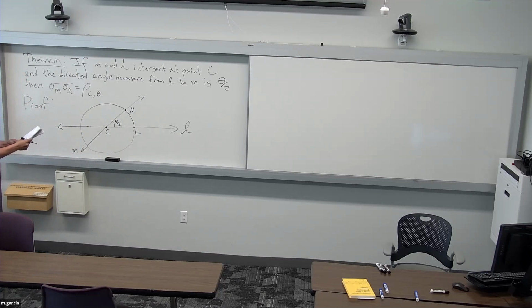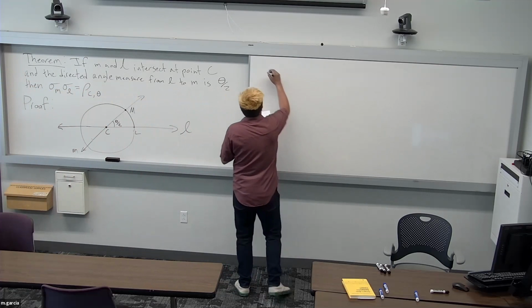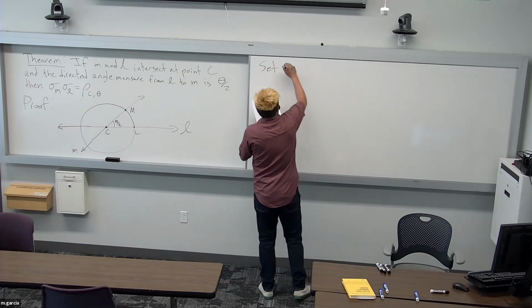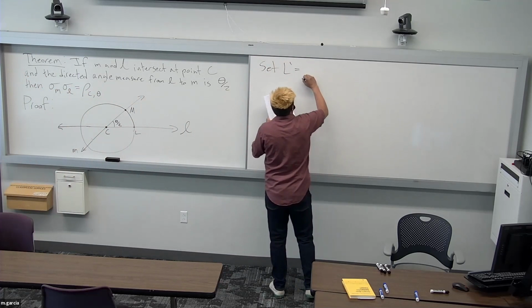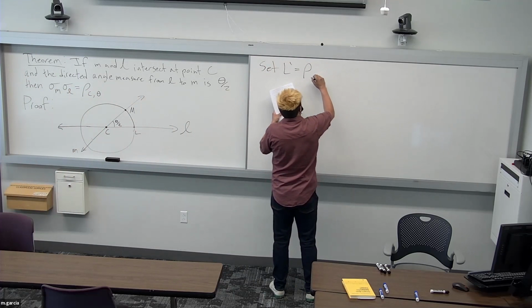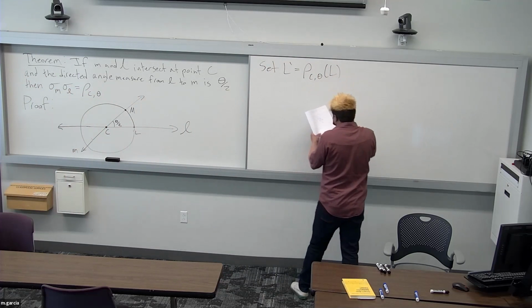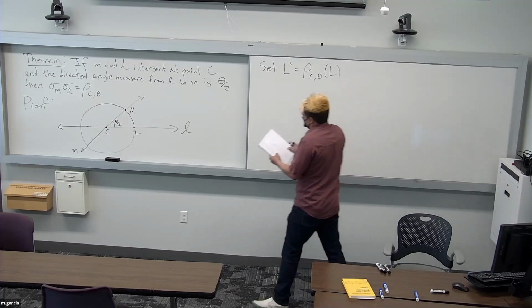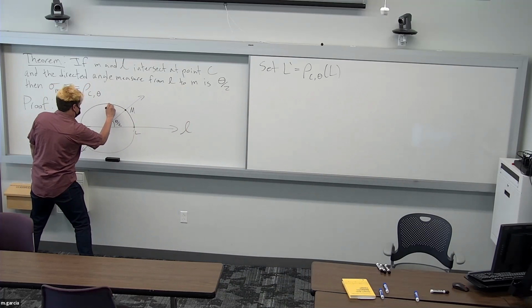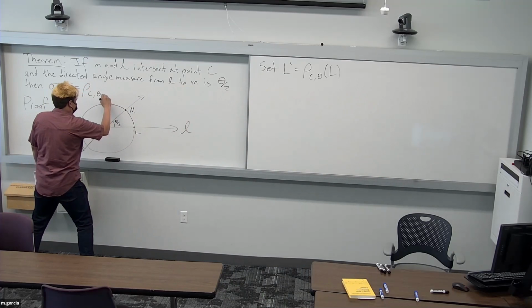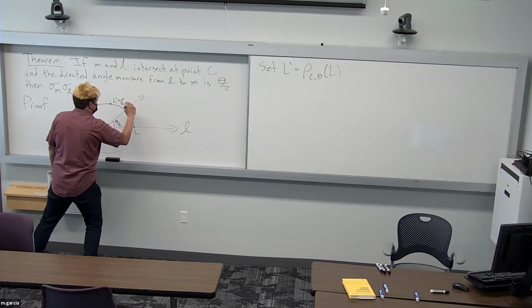Okay, so the next step, let me remind you, is we'll set L prime equal to the image under the rotation centered at C through angle measure theta of our point L that we chose, right? So that is to say, we're coming, say, up here, and we get L prime, which is rho sub C comma theta.